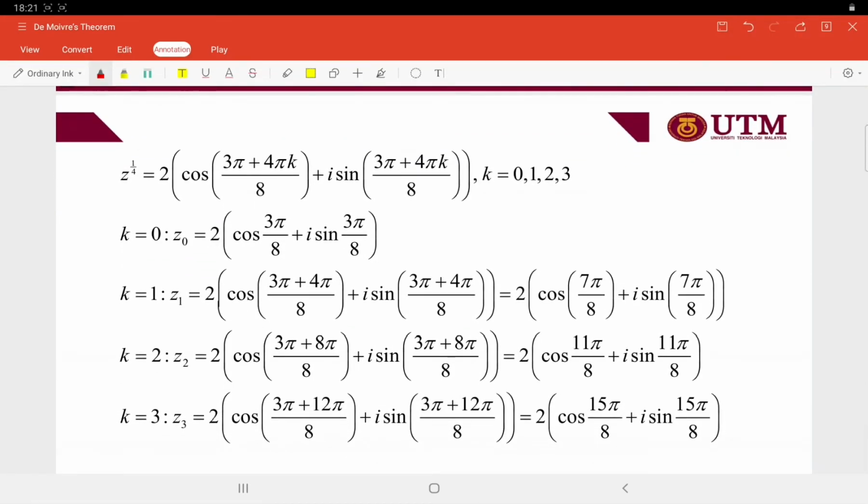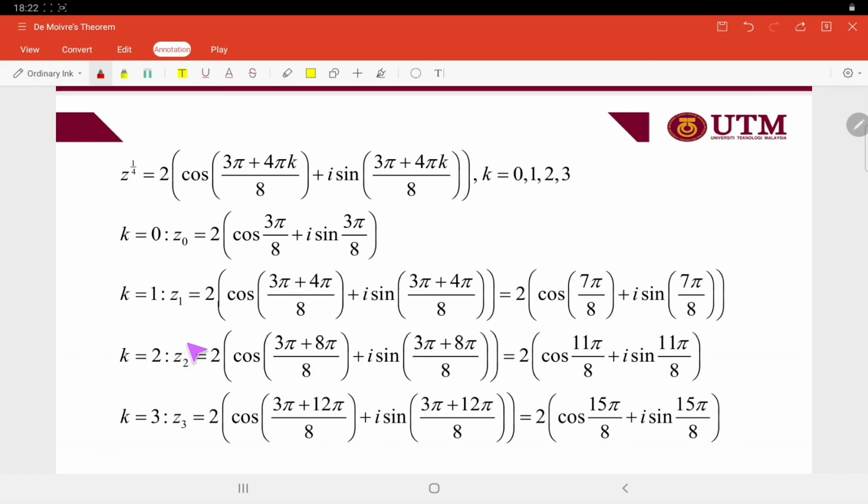So for the first one, when k is equal to 0, our z0 will be 2 times cos 3 pi over 8 plus i sine 3 pi over 8. Then when k is equal to 1, z1 will be equal to 2 times cos of 3 pi plus 4 pi over 8 plus i sine of 3 pi plus 4 pi over 8, and the final answer will be in terms of this.